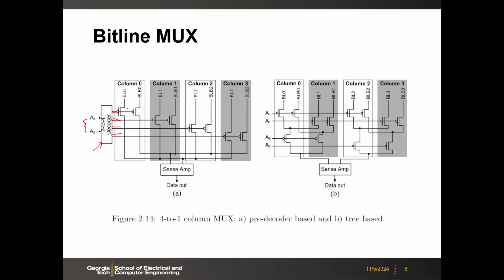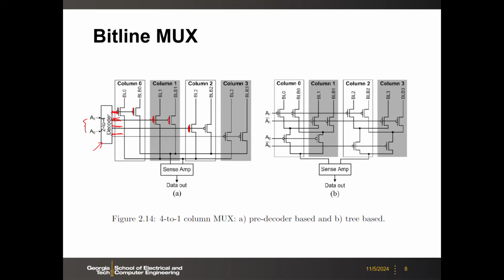Or in this case, for the bitline bar, you can have a single pass gate. You can also use NMOS, not necessarily PMOS, depending on whether the output signal is high or low. If it's high, then you should use NMOS. Anyway, here you are going to have 4 outputs, but only one of them will be on.